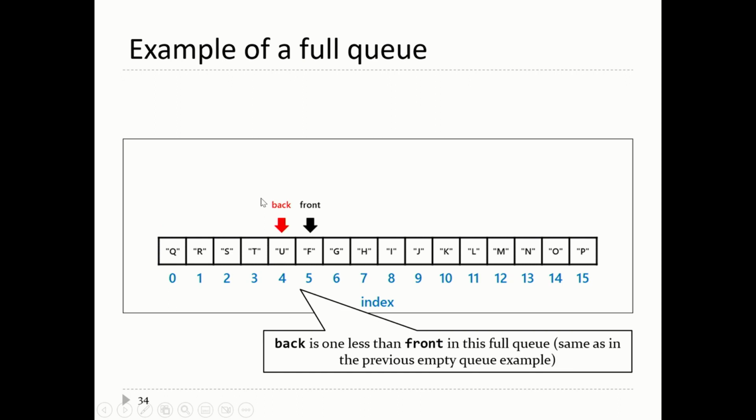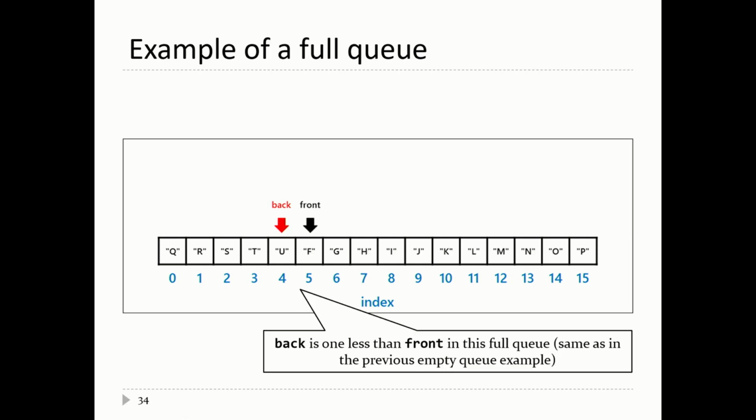And if you keep on enqueuing, now the array is full. Back is again one position to the left of front, and instead of the queue being empty, the queue is now full. So you can't use the condition of back being one less than front to determine if the queue is empty or not.